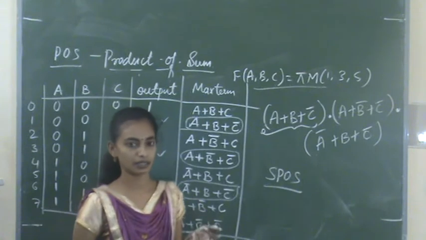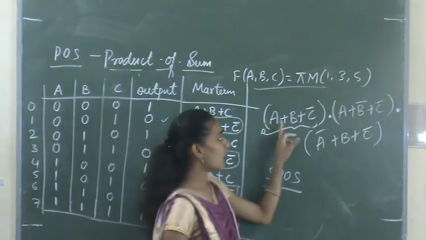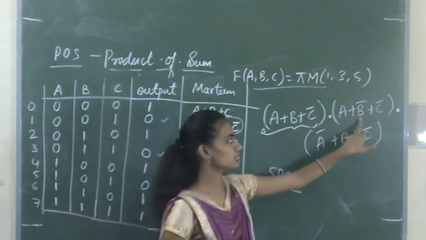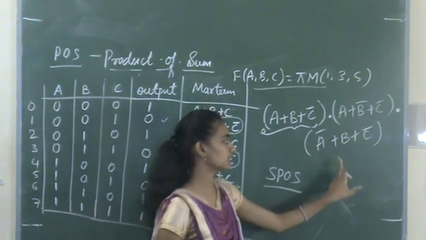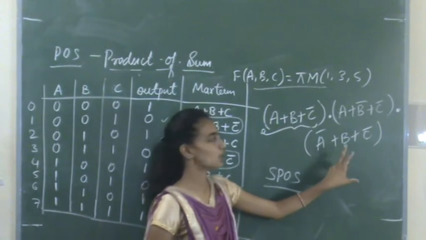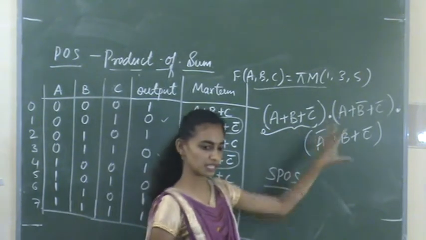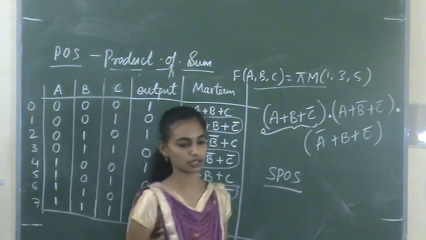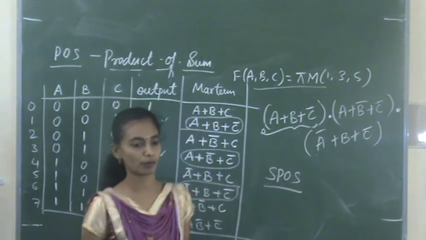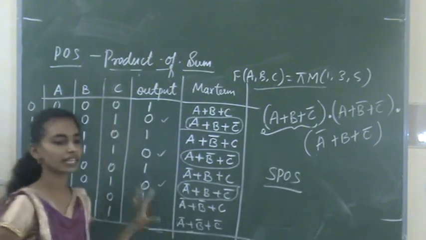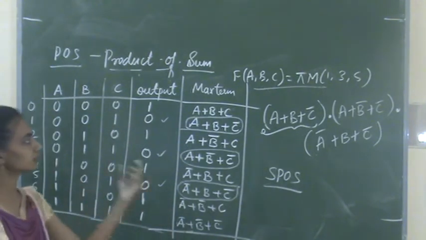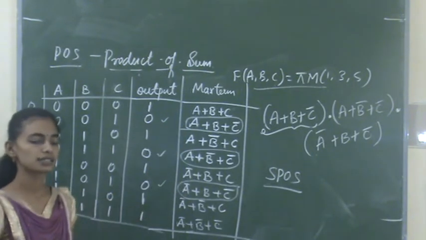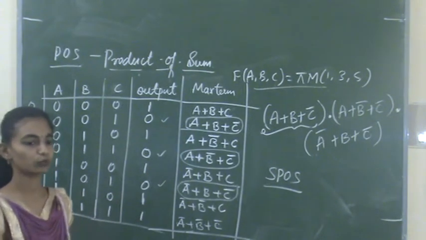That doesn't matter here, but all three variables are present in this term, in this term, and in this term. So this expression we call a standard POS form. This is how we can convert the given function to a standard POS.